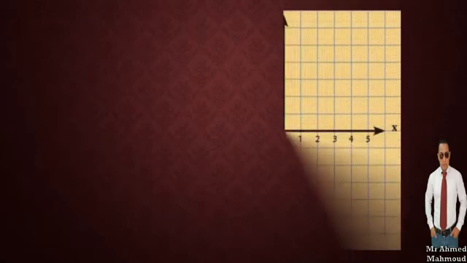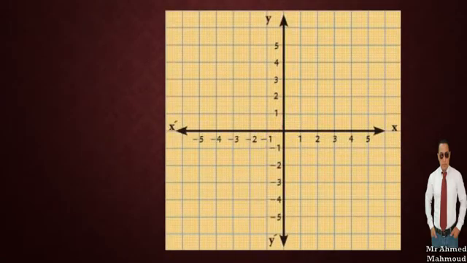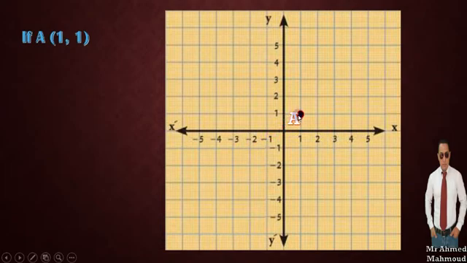Okay, by looking at this graph, if we have a point like this, point A is (1, 1), and another point B is (5, 1). By looking at the coordinates (1, 1), this is x1 and y1, and this is x2 and this is y2. Okay, by connecting them like this, we find the position of the midpoint here in this position.